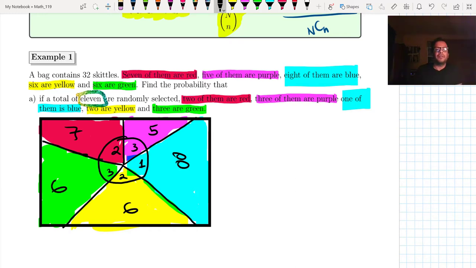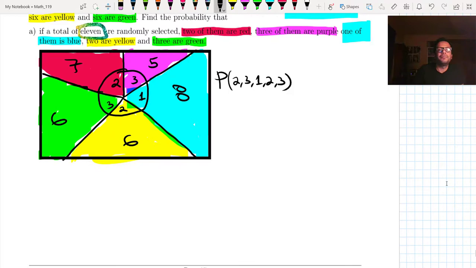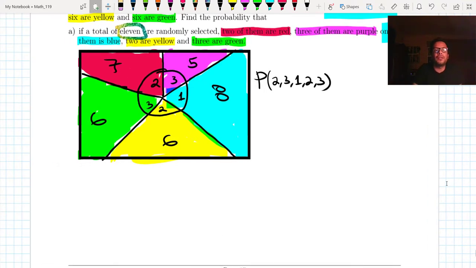So I'm going to find the probability of obtaining two red, three purple, one blue, two yellow, and three green. Actually, the order is not going to matter, because we're going to be multiplying these numbers, and order won't matter for multiplication as usual.